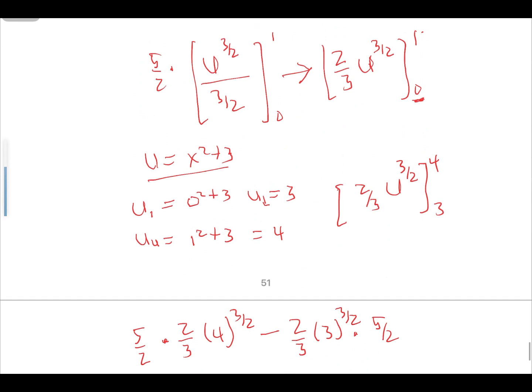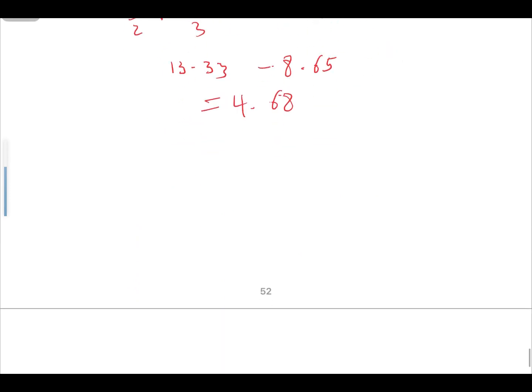Let's use the other method as well. Now here we did change of limits by substituting the initial limit inside to get a new limit. But if you want to use the given limit which was given in the question, just substitute the u back.